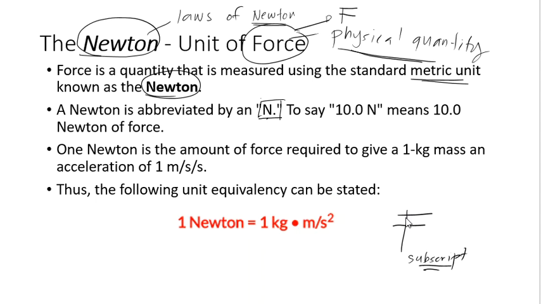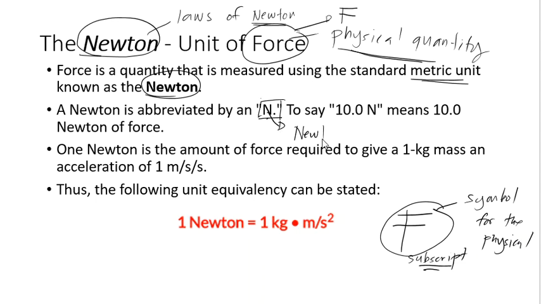That's a common confusion that most students arrive at because they think this is the unit. This is the symbol for the physical quantity. The N represents Newton, which is the unit of force.